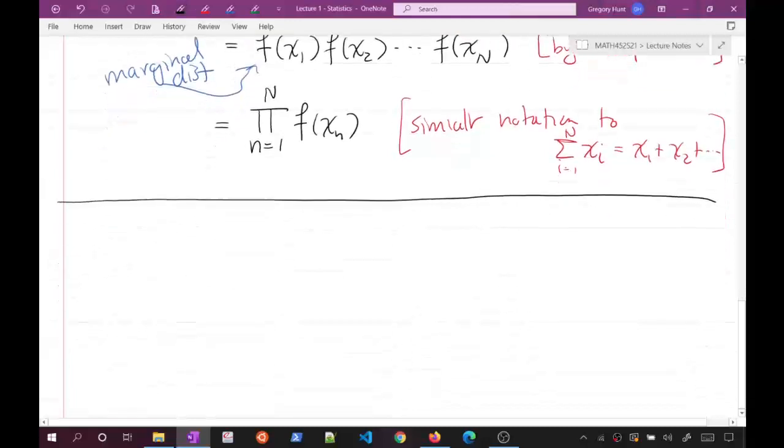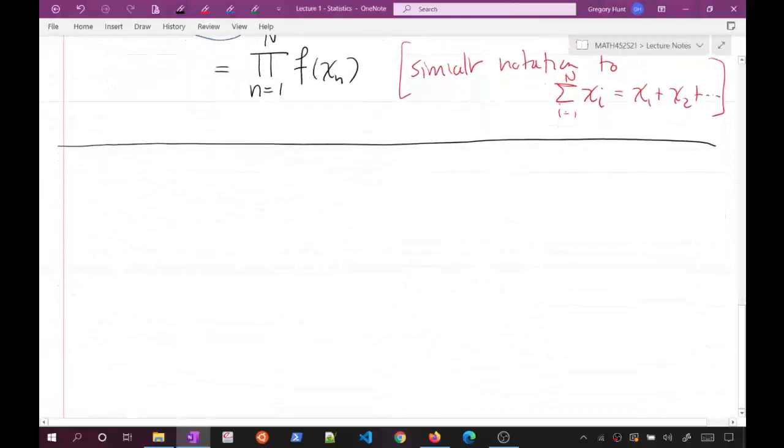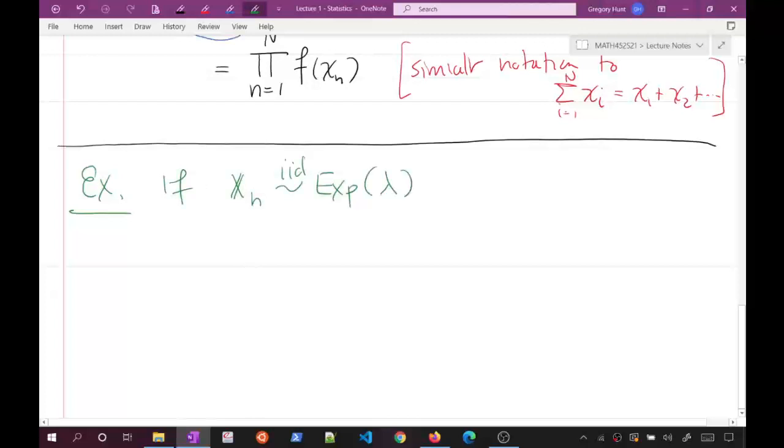Let's look at some concrete examples here. Example. If I have a random sample, let's say some x sub n's, and they are IID from an exponential distribution with some rate parameter, lambda, let's say. That's certainly possible.